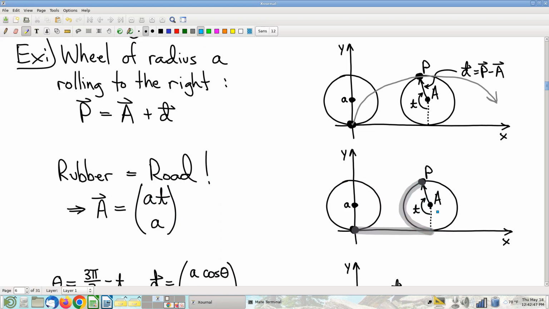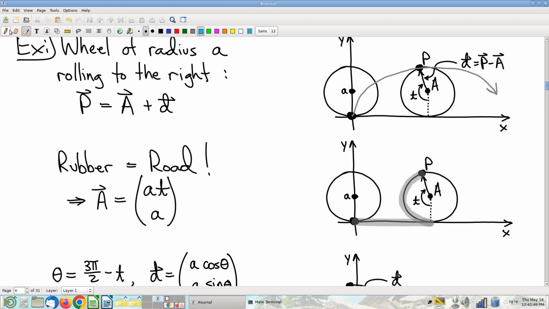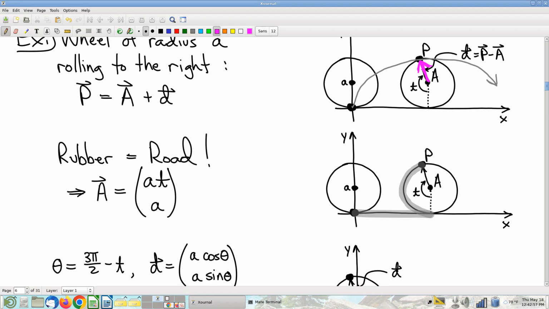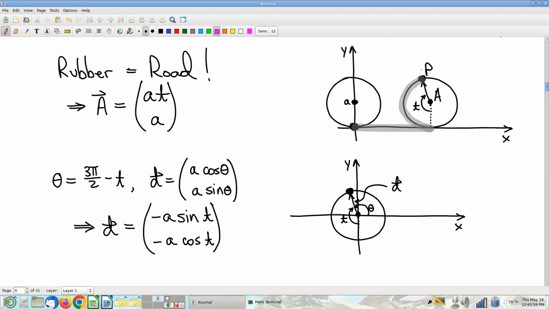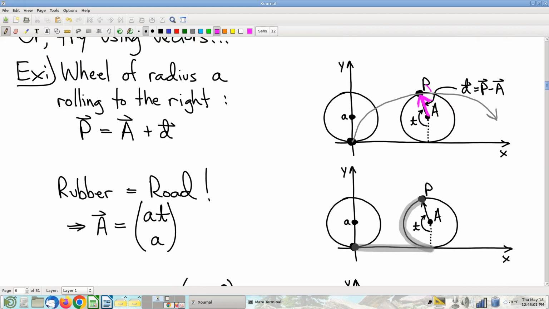Now let's talk about this difference vector. Completely independent of the axle's location, we're going to talk about that vector right there. I'm going to think of this as a vector, and vectors do not have a location. Vectors have a direction and a magnitude.